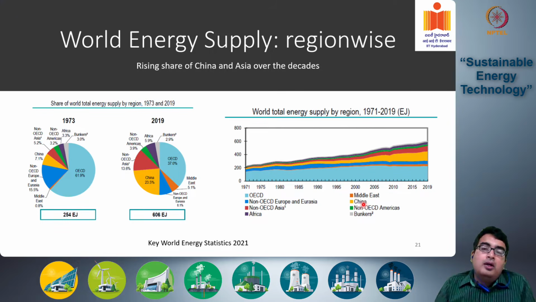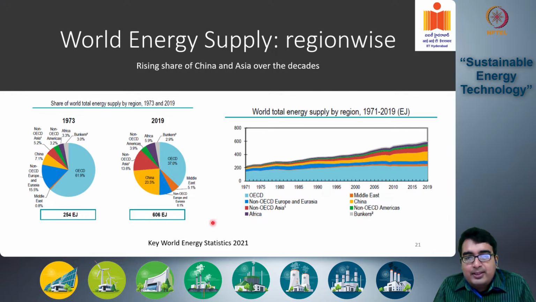Where the increase has happened primarily is this yellow zone, which is China, and this red zone, which is non-OECD Asia, which primarily contains India, Southeast Asia, etc., countries like Indonesia, Thailand, etc. As well as the Middle East, which is this black orange area.